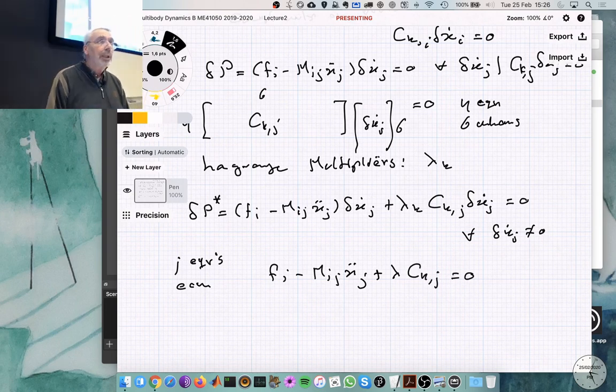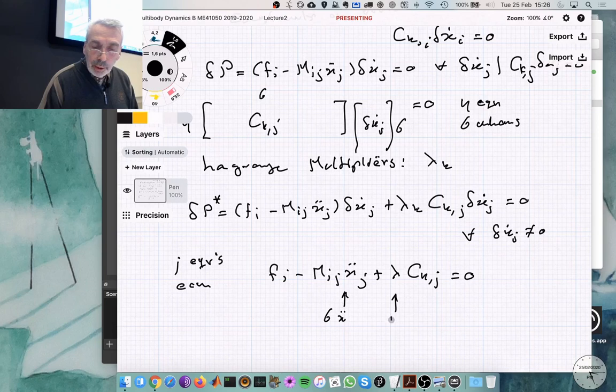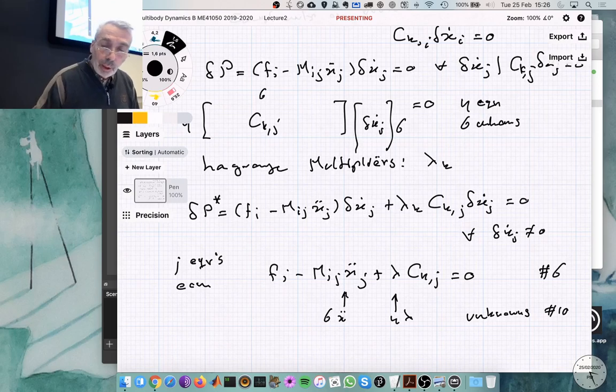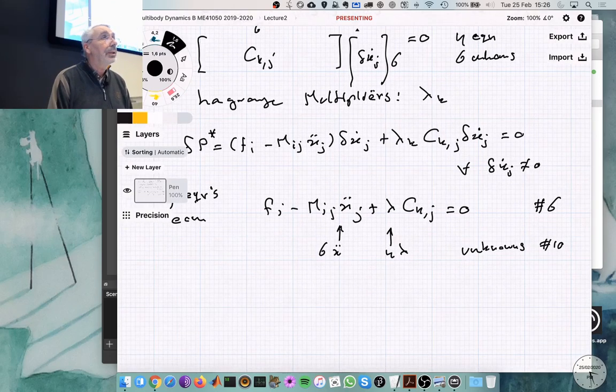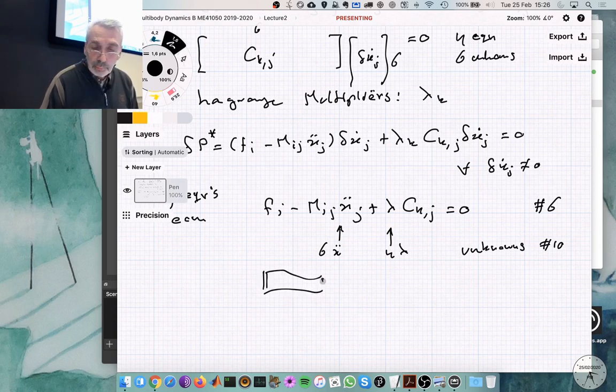Now you may have noticed that we have enlarged our variables. Initially we had our 6 unknown accelerations, but now we suddenly have our 4 lambdas as unknowns too. Meaning we have a total of 10 unknowns, and the number of equations is 6, so we cannot solve that. We need more equations. Which equations do we need? We need our glue, right?